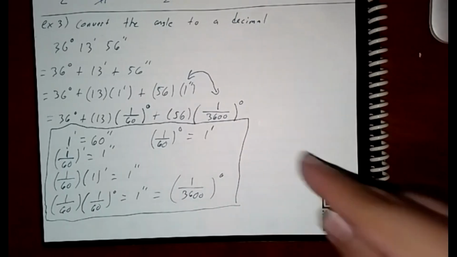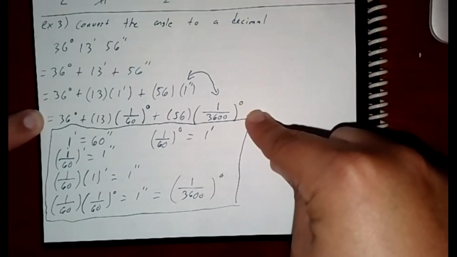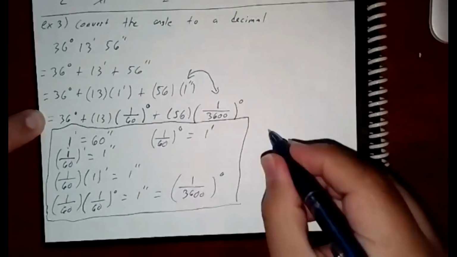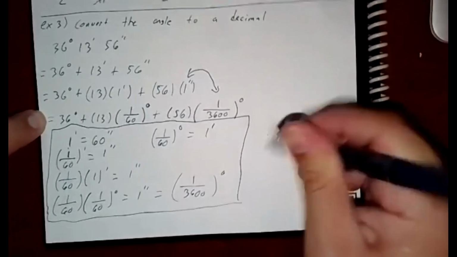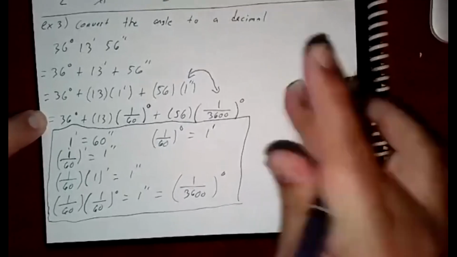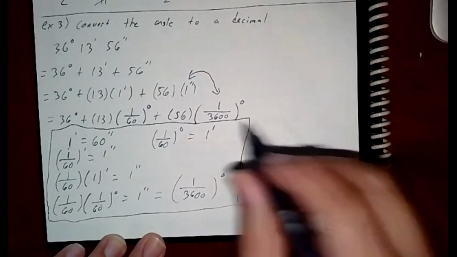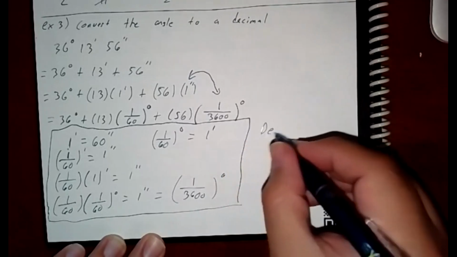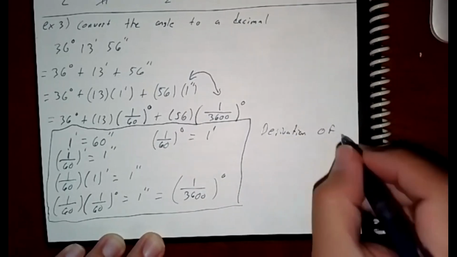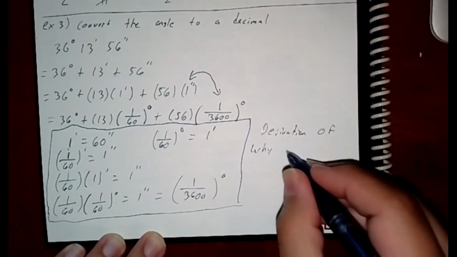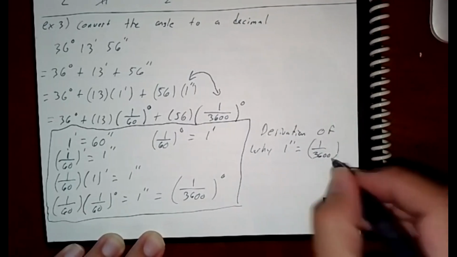Okay, so we'll get back to the problem. You guys are cool, right? So far, up to this step? Okay. All right, so this is a derivation of why 1 second is equal to 1/3600 degrees.